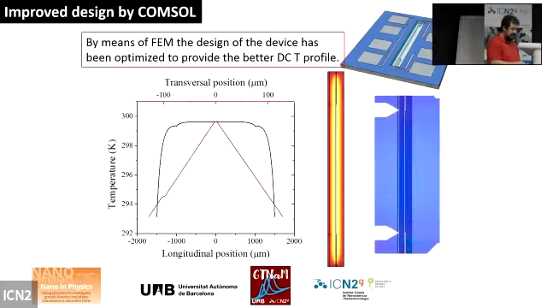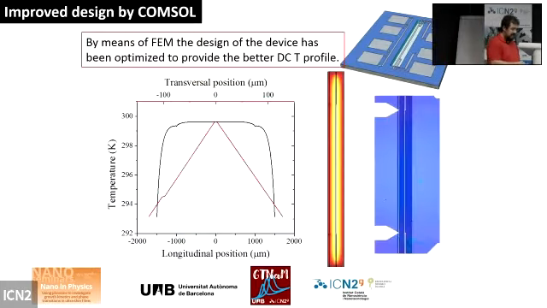Most of the experiments that I will show here are done on devices with silicon nitride membranes of 180 nanometers. What we did is a finite element modeling in order to study the technique and to improve as much as possible the temperature profiles, because at the end it is the temperature profile which matters. Here you can see the characteristic temperature profile when we are heating the membrane.